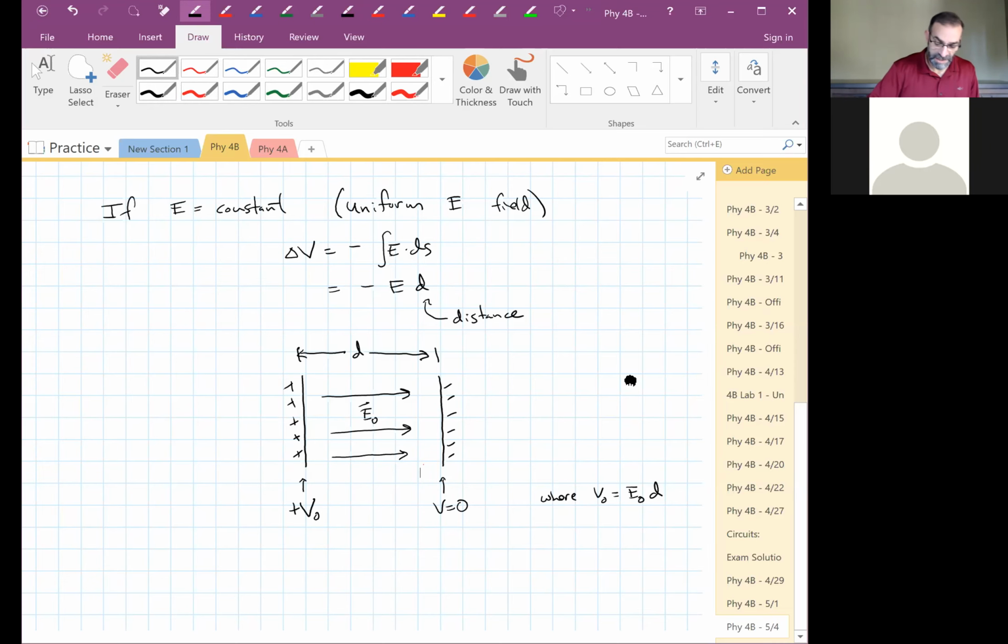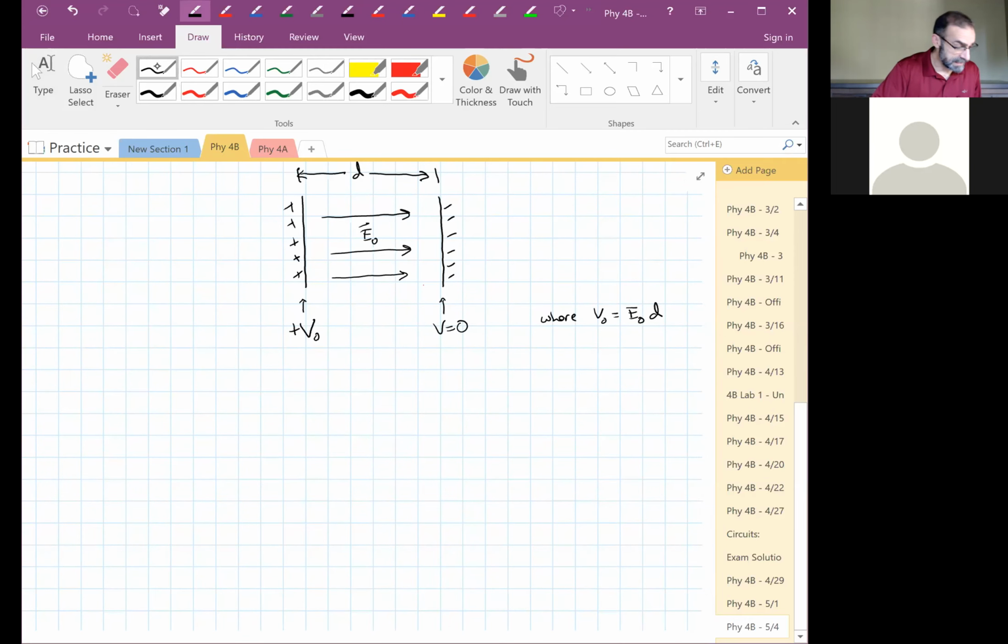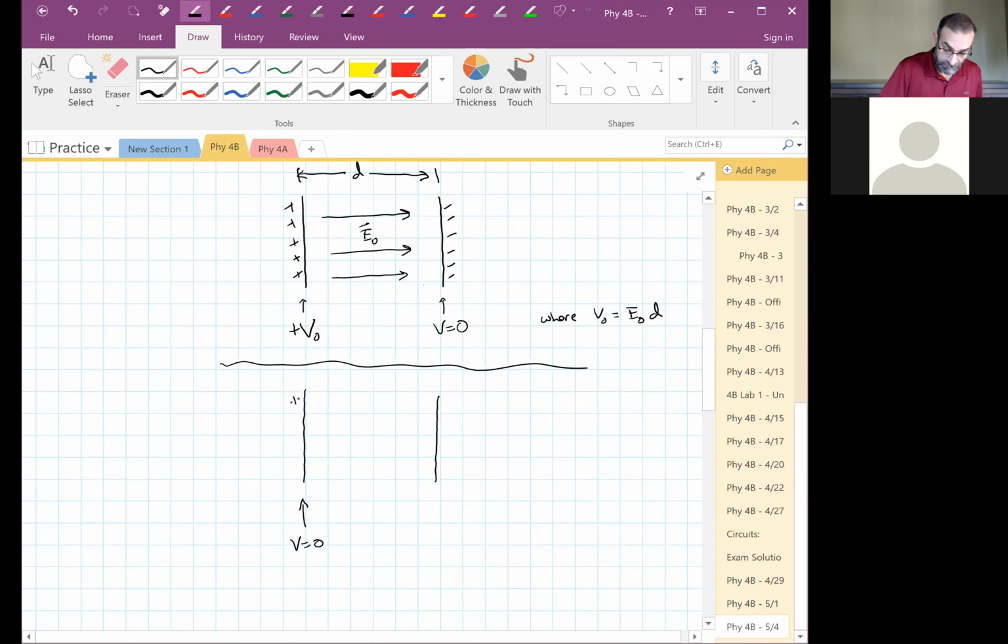So now I don't have to define it this way though. I could take those same two parallel plates. I could take that exact same configuration and I could tell you that this is V equals 0 over here. So what's the other plate?